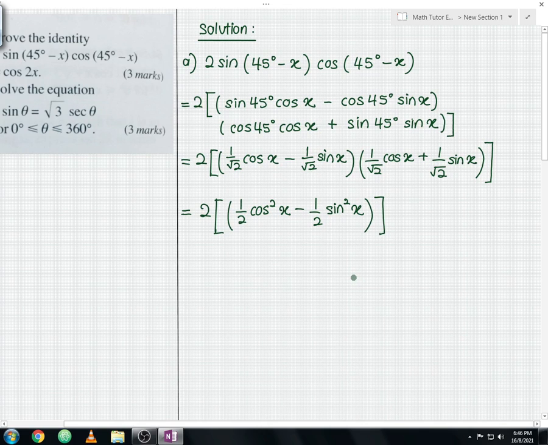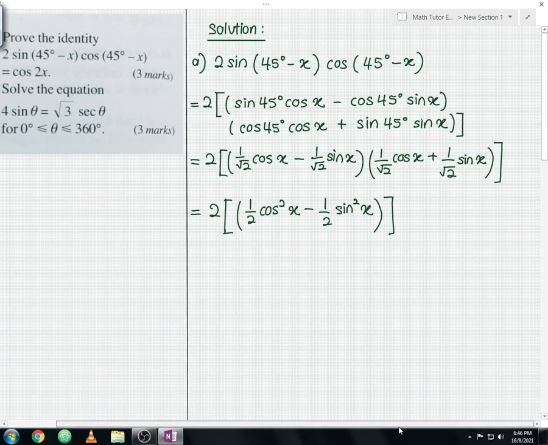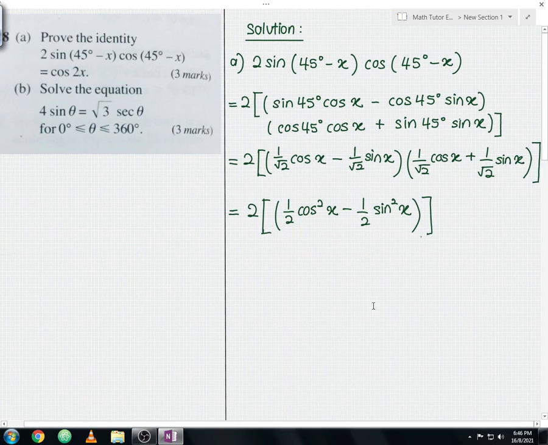So for the next step, what we're going to do is we're going to factor out the 1 over 2. So from here you factor out the 1 over 2, 2, you times with 1 over 2. And then you left with cos square x minus sine square x.